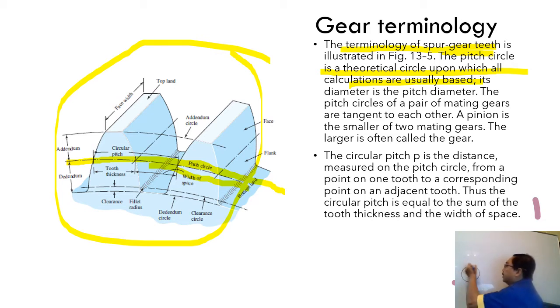You have gear one, you have gear two. Gear number one is smaller and gear number two is slightly bigger, or they can be the same size. It doesn't matter. Gear one is attached to a motor.